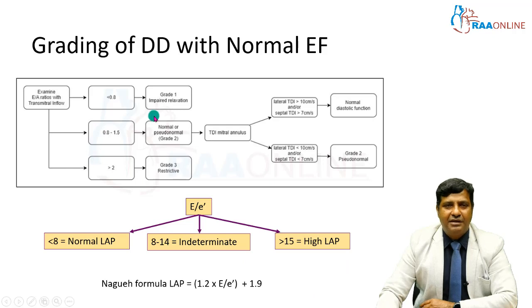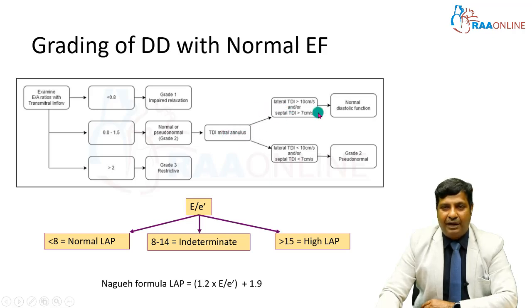So to summarize this, whenever you do a transmitral inflow technique, if the E by A ratio is less than 0.8, it tells you the patient has grade 1 relaxation failure, that is diastolic dysfunction. If it is between 0.8 and 1.5, because more than 1 is normal, it is called pseudo-normal, in which situation we have to do TDI and find out the E prime.